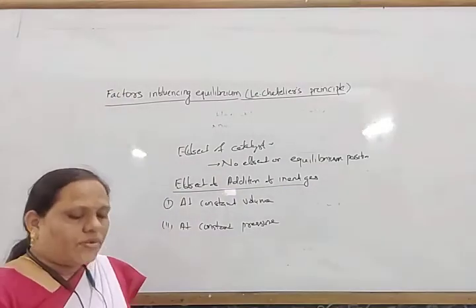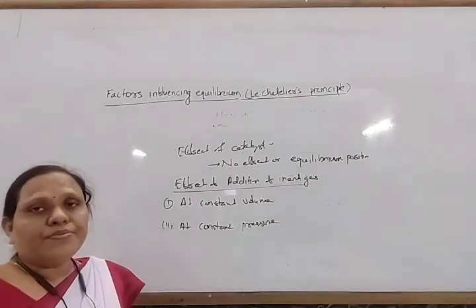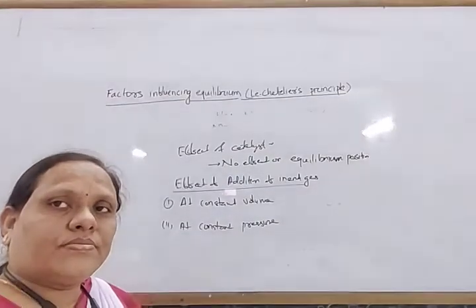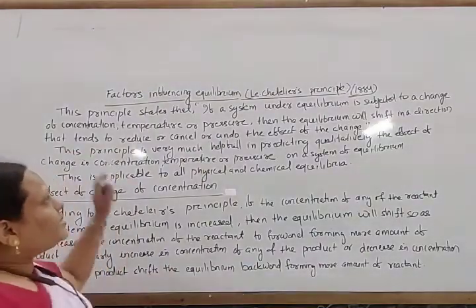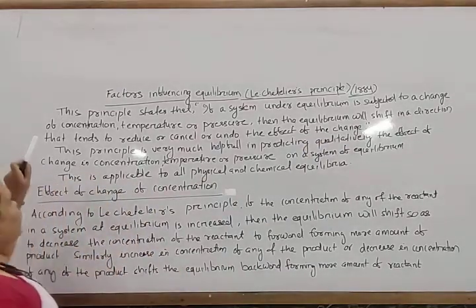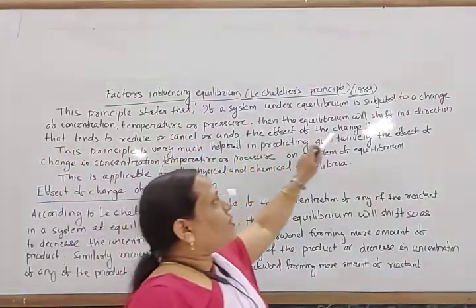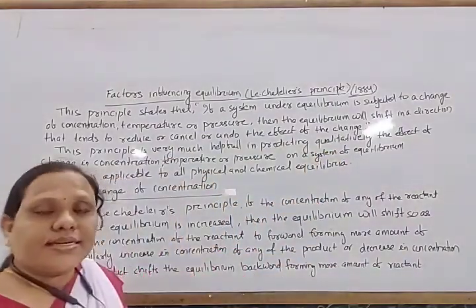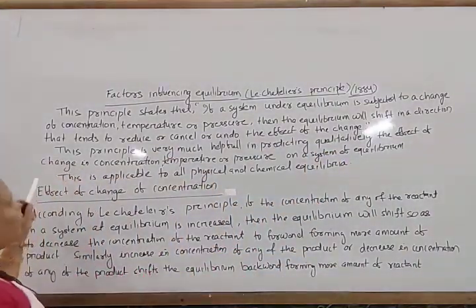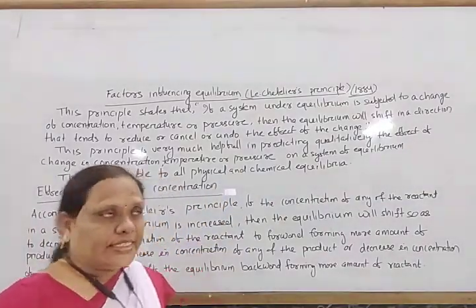Now note down the principle and the important points. This principle states that if a system under equilibrium is subjected to a change of concentration, temperature or pressure, then the equilibrium will shift in a direction so as to reduce or cancel the effect of the change.